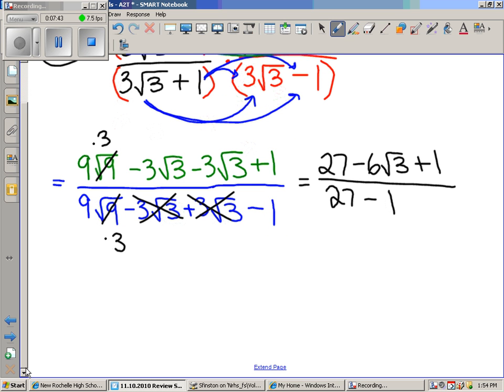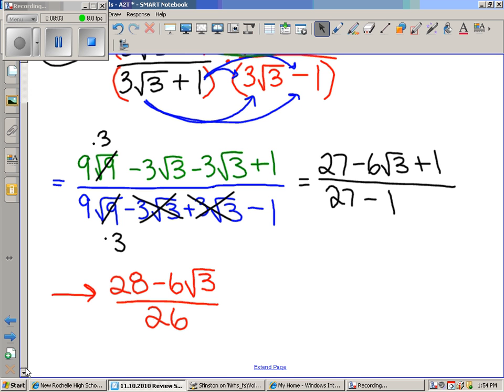Let's go down a little bit. The top will become 28 minus 6 radical 3 over 26. Ooh, that's brutal. What do we do next from here?